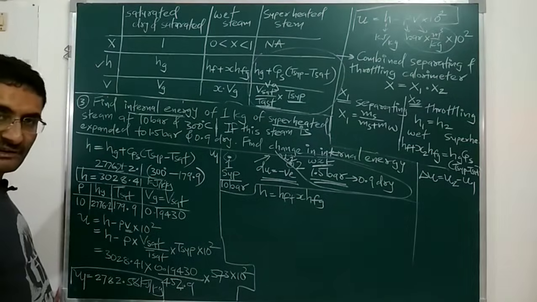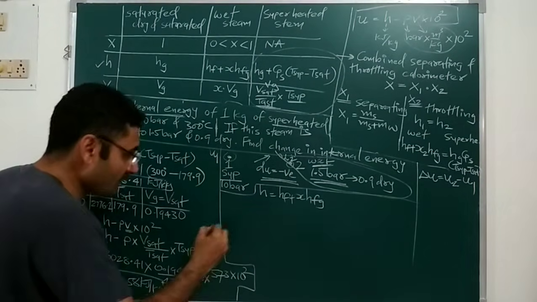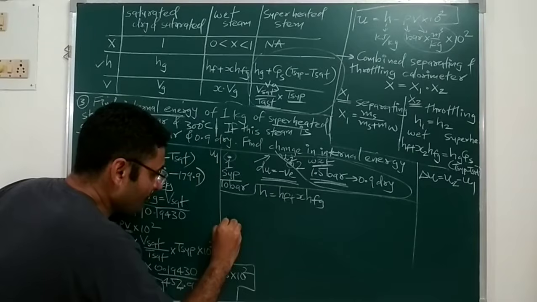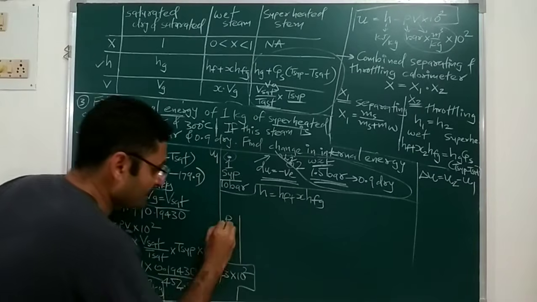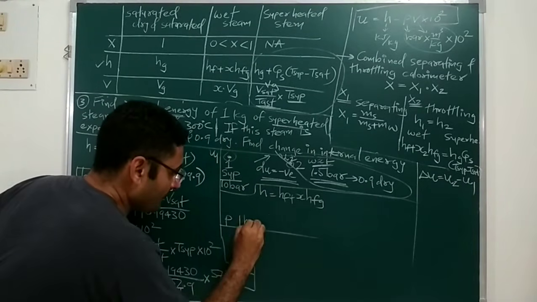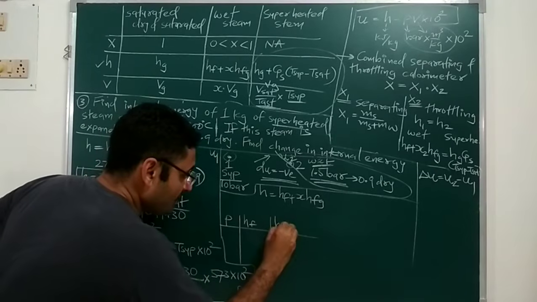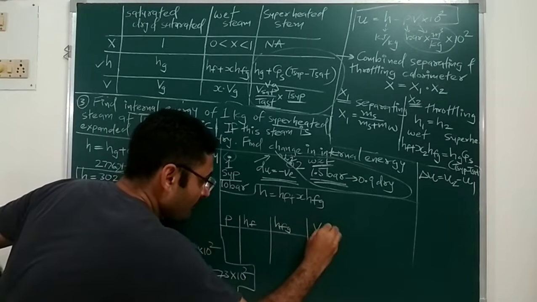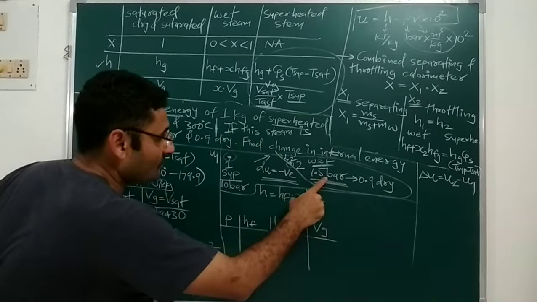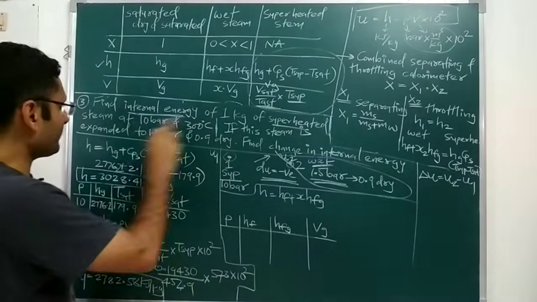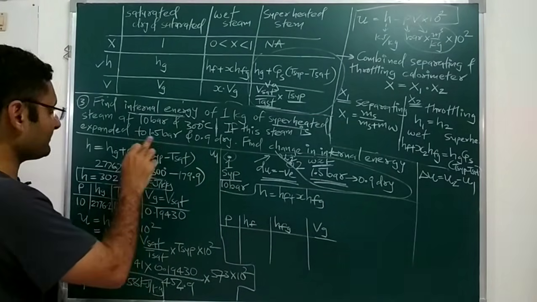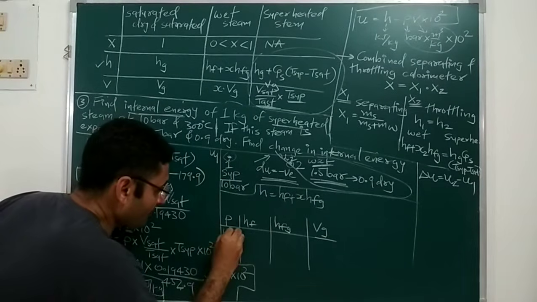So Vg is also necessary to find from the steam table. Here I will make a table in which the first column is pressure, then Hf, then Hfg, and the last one is Vg. The given pressure is 1.5 bar.